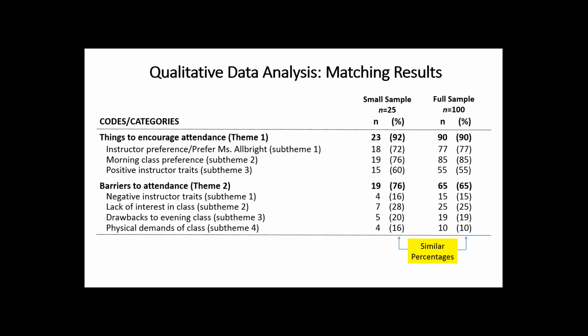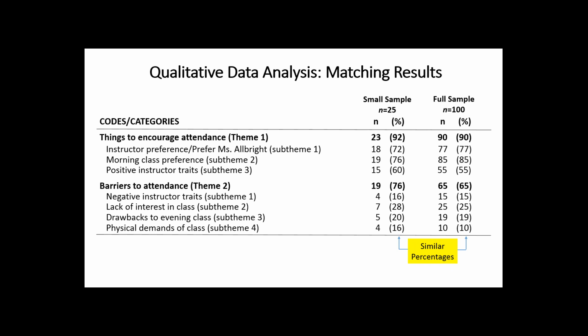So it's pretty close. And then the respective 3 sub-themes for the sample of 25 are 72%, 76%, and 60%, relative to the same 3 sub-themes for the full 100: 77%, 85%, and 55%. So they match pretty well.